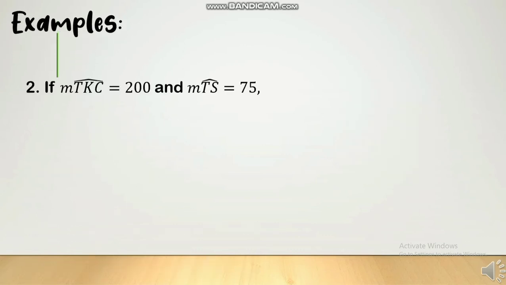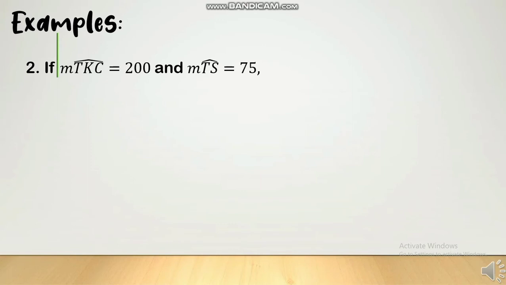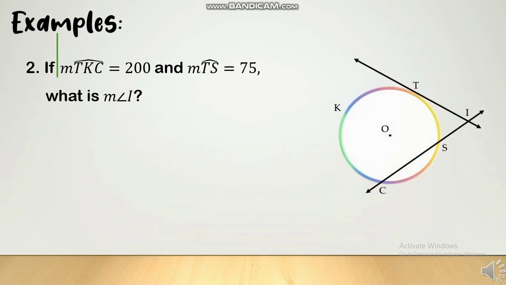Example number 2. If the measure of arc TKC is 200 and the measure of arc TS is equal to 75, what is the measure of angle I? So if you will look at the figure, we have a tangent line TI and a secant line CS. The two lines intersect outside the circle and we have angle I. So how to get the measure of angle I?